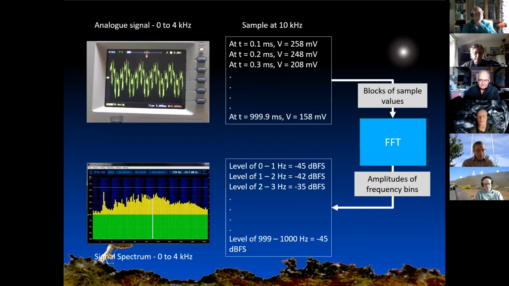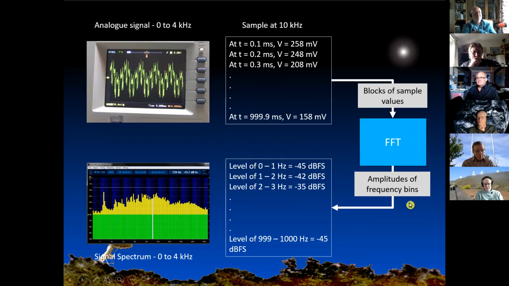Right, so the basic principle is that you take an analog signal, you sample it and convert those samples into values, and then you feed blocks of these samples, not individual samples, blocks of samples, typically thousands of them, into the FFT algorithm.